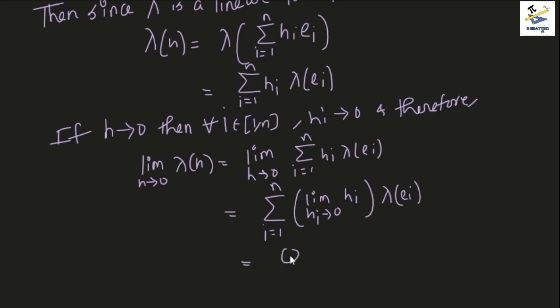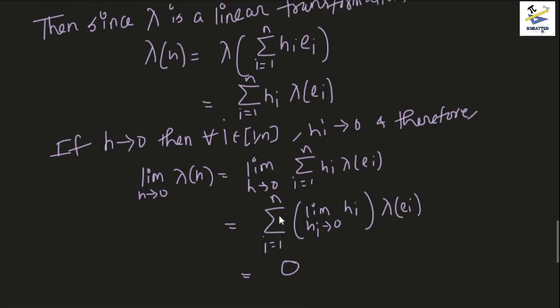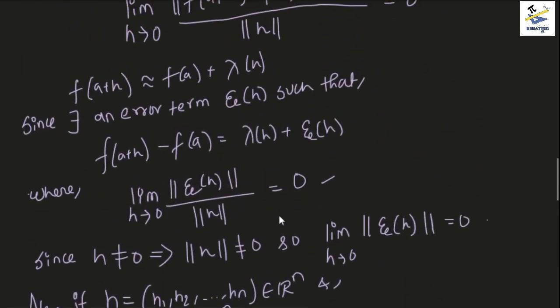So we have a 0 in total. So this proves that the limit as h tends to 0 of lambda of h is also 0. And together we have proved something very important.